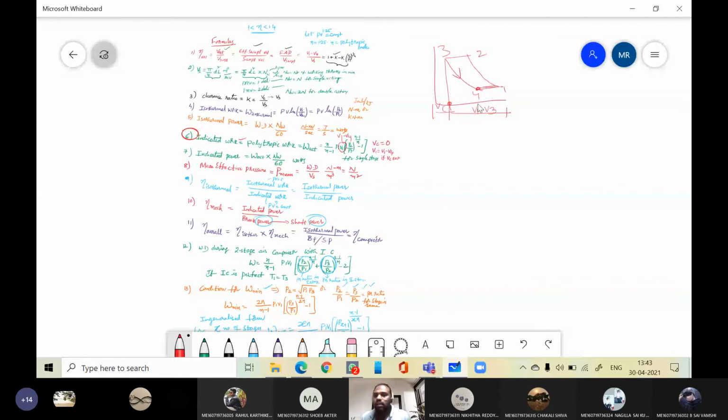V1 minus V3 is the swept volume. Actual suction starts here. V1 minus V4 is the effective swept volume, and V1 minus V3 is the swept volume. Here Vs is equal to V1 minus V3: total volume minus clearance volume is the swept volume, and effective swept volume is equal to V1 minus V4.